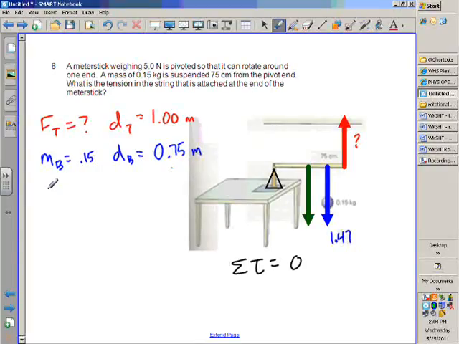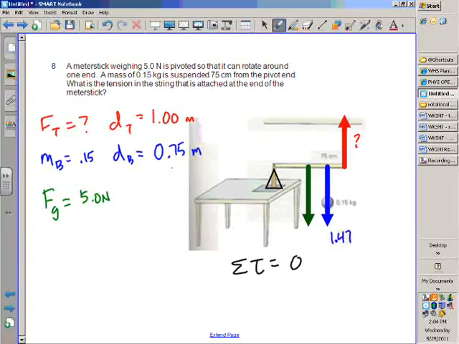So, what does it tell you about that meter stick? It weighs 5 newtons. And we said that weight is just a fancy word for what? A force, right? So the actual force of gravity acting on that meter stick is 5 newtons.